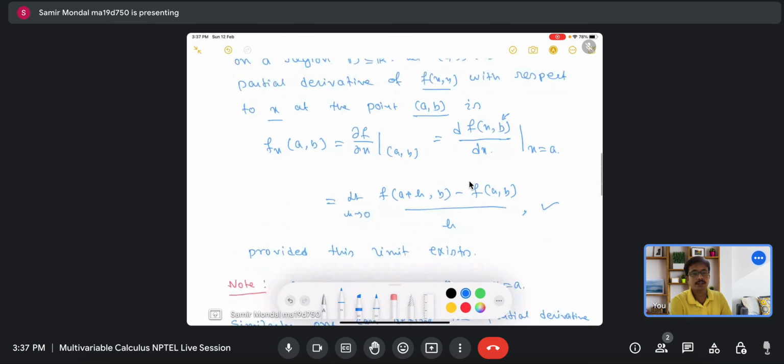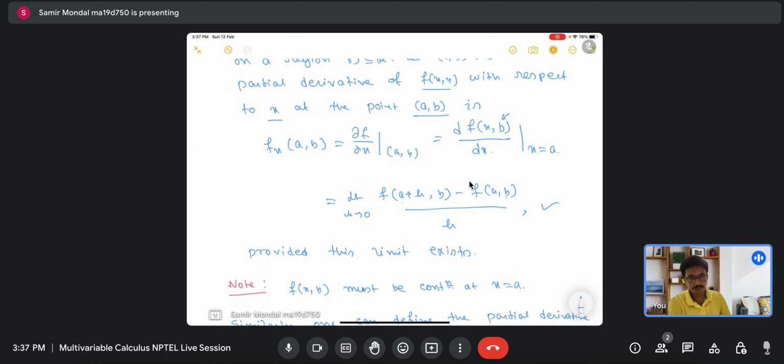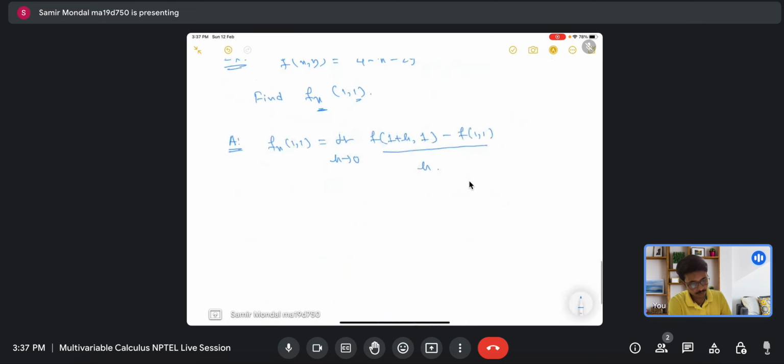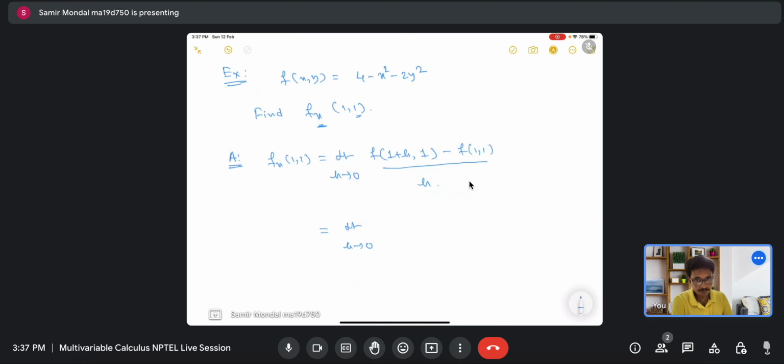Here our a equal to 1 and b equal to 1. So put the values here. What is the value of f of (1 plus h, 1)? It is 4 minus (1 plus h) square minus 2 times 1 square, which is 2.